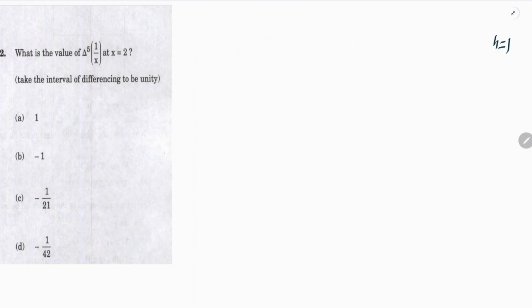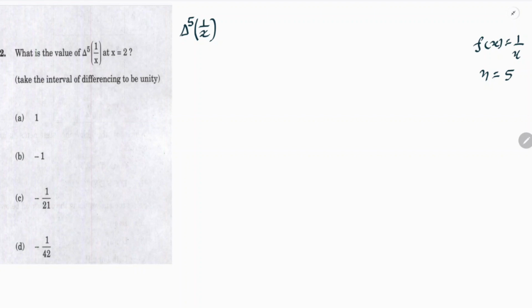What is the trick? The trick is that we are given delta to the power 5 of 1 upon x. Here f(x) is 1 upon x and the value of n is 5.